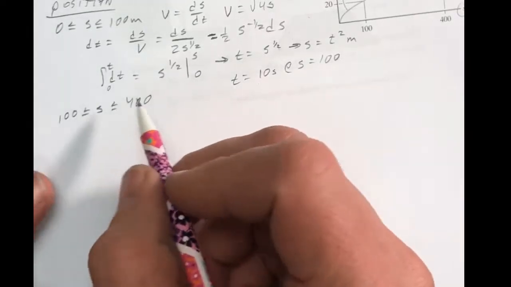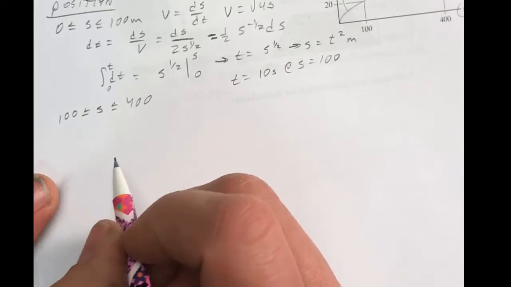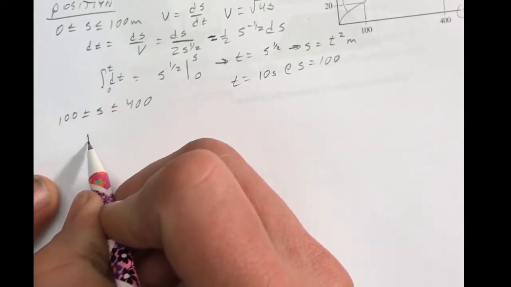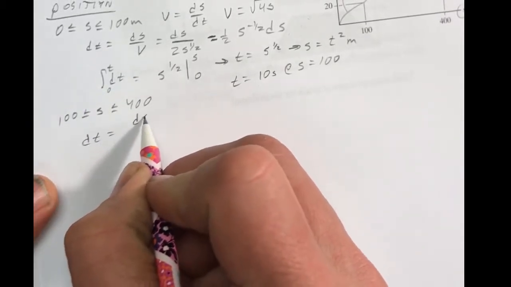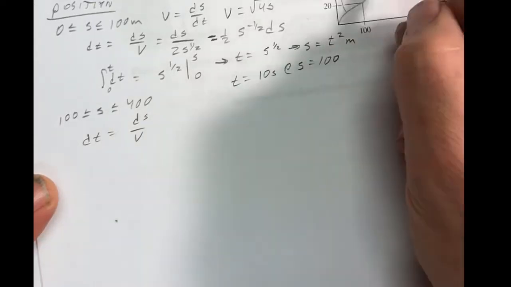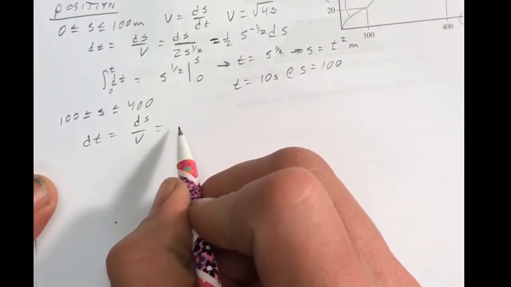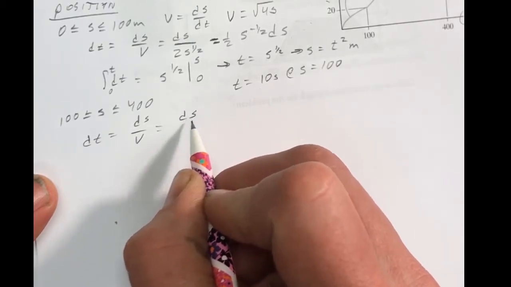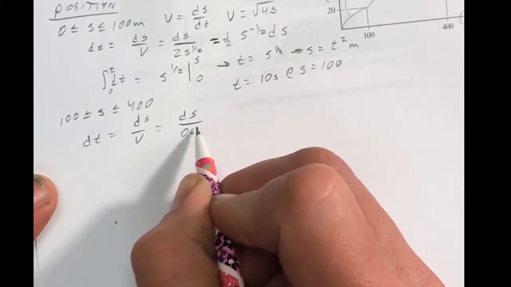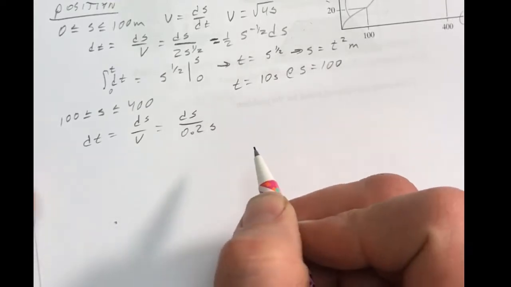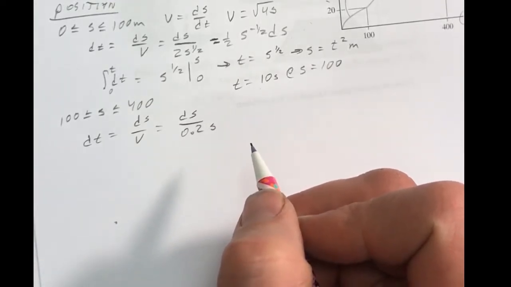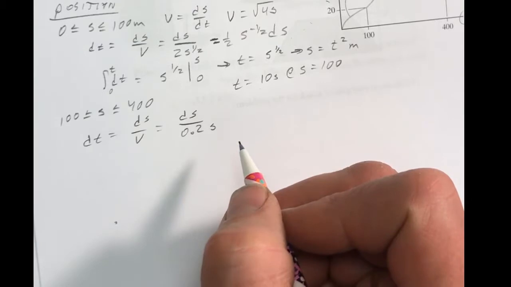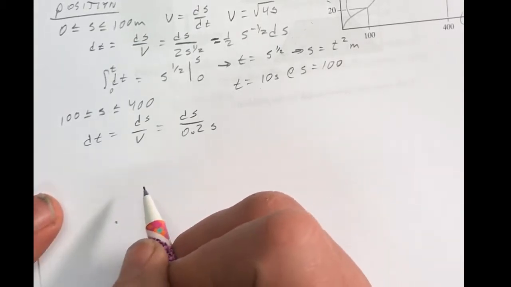Again, we have our relationship. We can use this one up here, where dt equals ds over v. We have a function for v over here, which gives ds over 0.2s. So now we're going to integrate both sides.